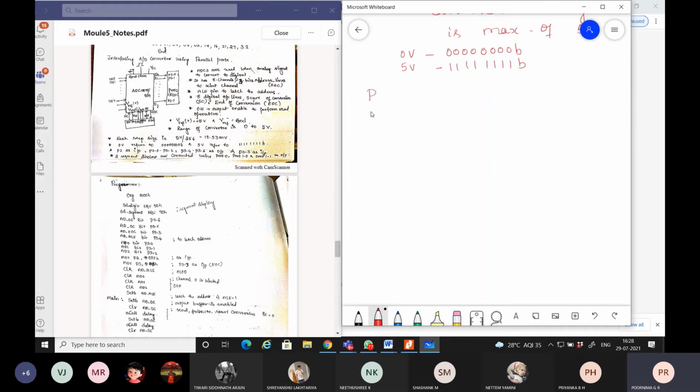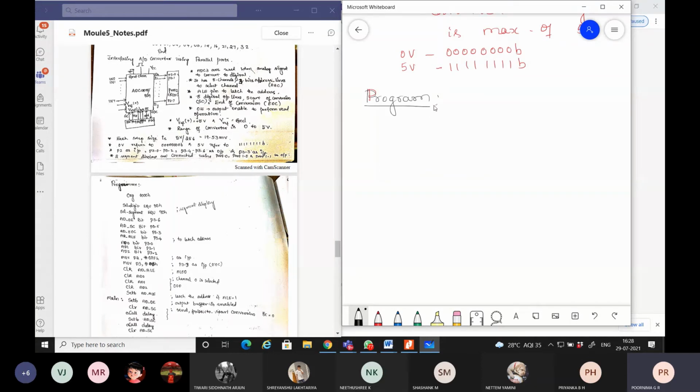Whenever we write the program to perform this operation, the 8051 should execute the instructions step by step. First, it has to select the channel, give the start of conversion pulse, and then monitor whether the conversion process has been completed or not.